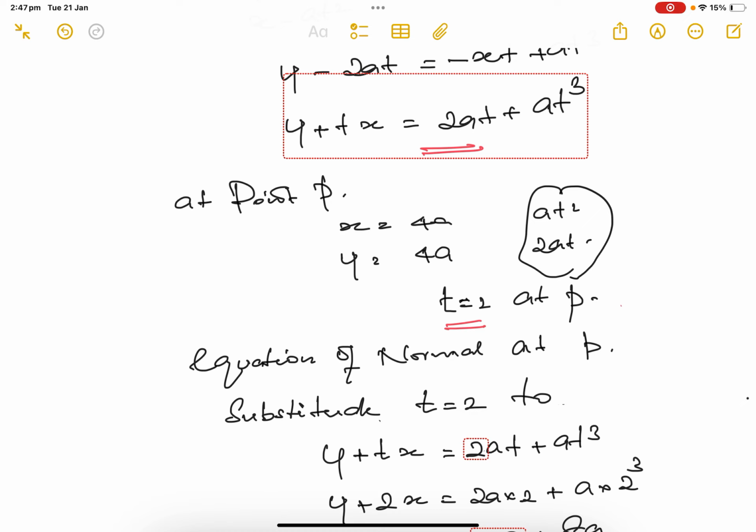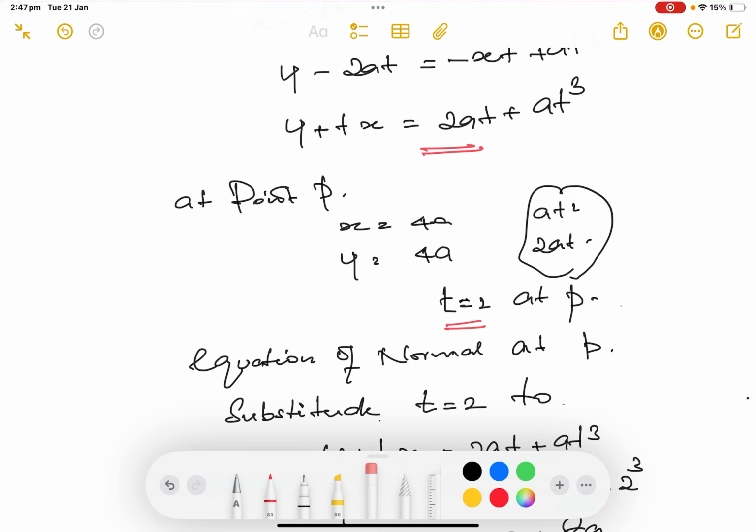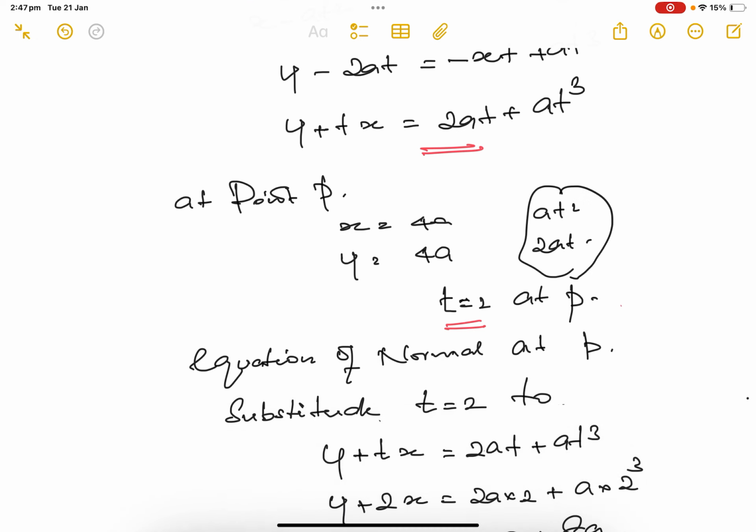How we found it is simply: y equals 4a, y equals 2at. That's the parametric coordinate.